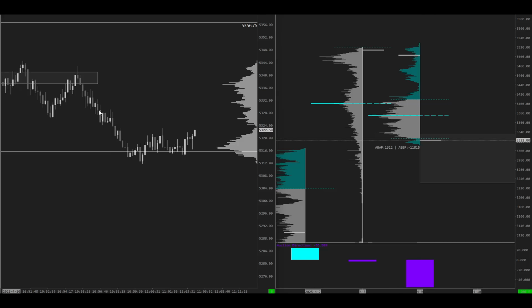It's a bit of an area here to look at. It was flipped from one side to the other. Maybe they test into that.